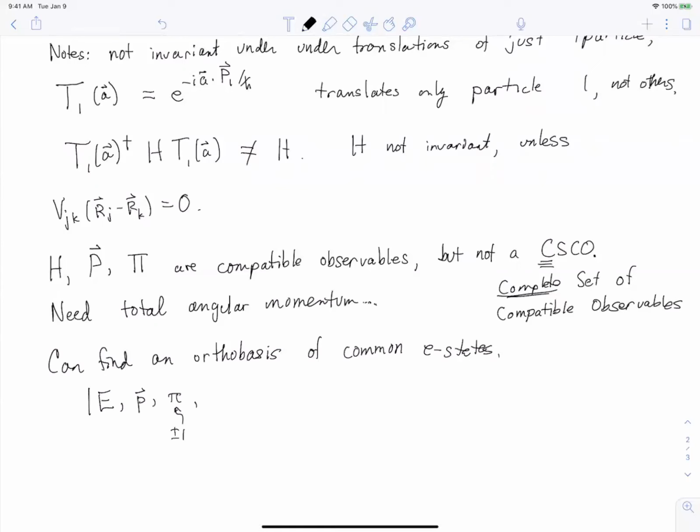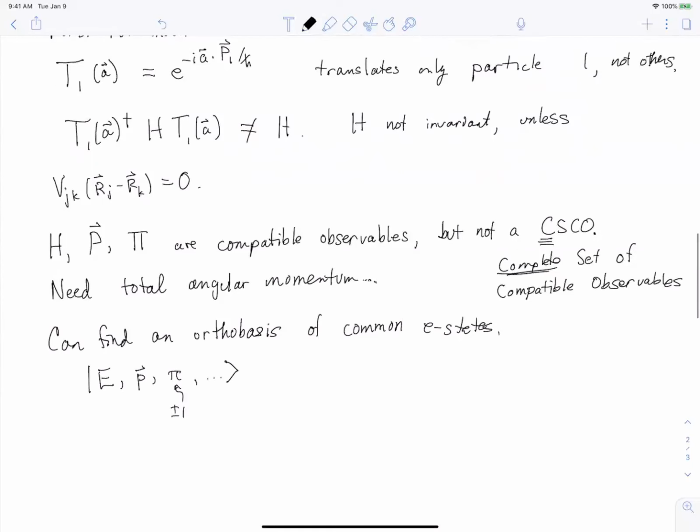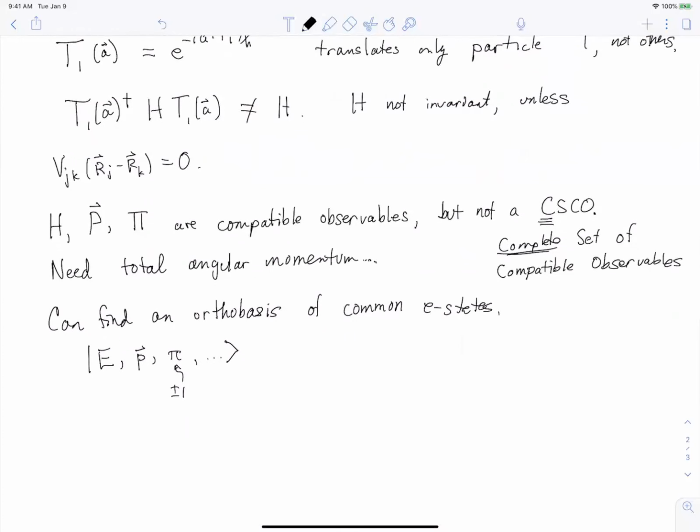But because it's not a complete set of commuting observables, I might need other labels. In fact, I almost always will need other labels to distinguish them. These are stationary states, eigenstates of the Hamiltonian.